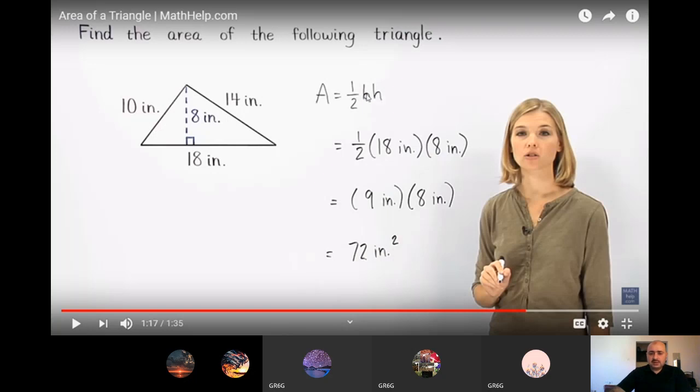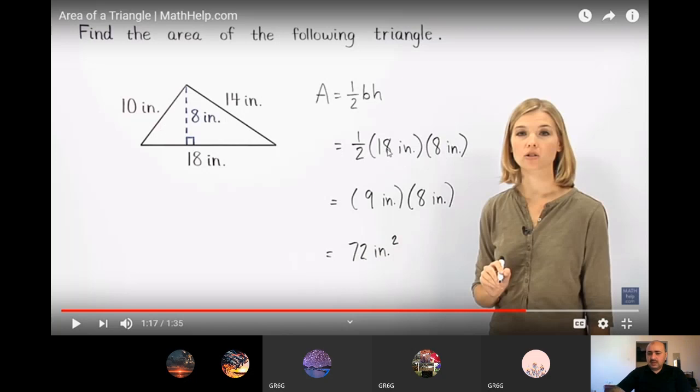So as you see here, the base equals 18 and the height equals 8. So substitute now the values. I want to solve the area: A equals 1 over 2 multiplied by the base. The value of the base is 18, so put here 18. Multiply by the height. The value of the height will be 8. Now, how to solve? Here we have many ideas to solve this problem.